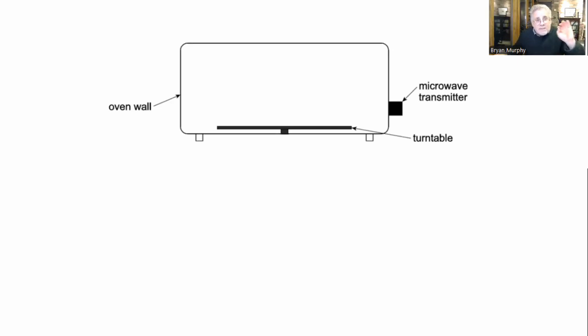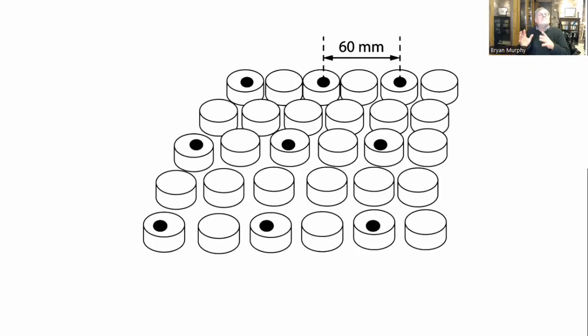But if you take the turntable out and lay a bunch of marshmallows in there, so you get a microwave safe tray, and you put marshmallows on and then turn it on so the marshmallows do not move, then you get your marshmallows looking like that, and kind of in a regular place you get the marshmallows melting.